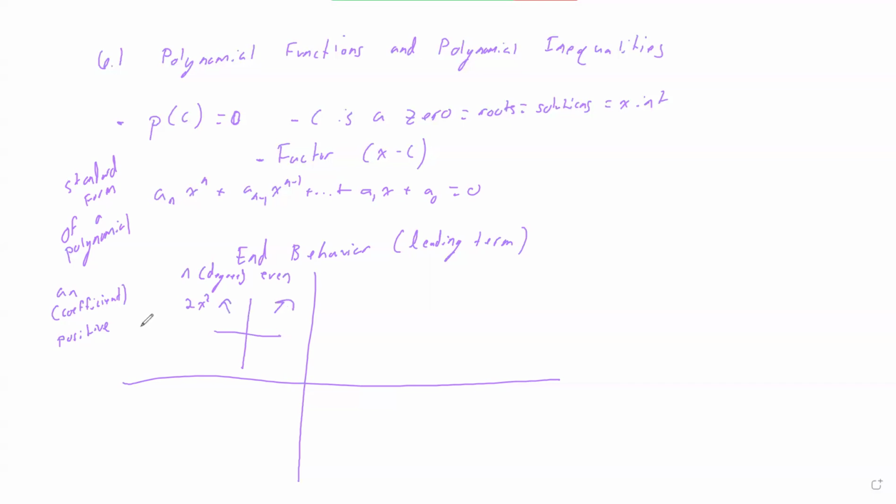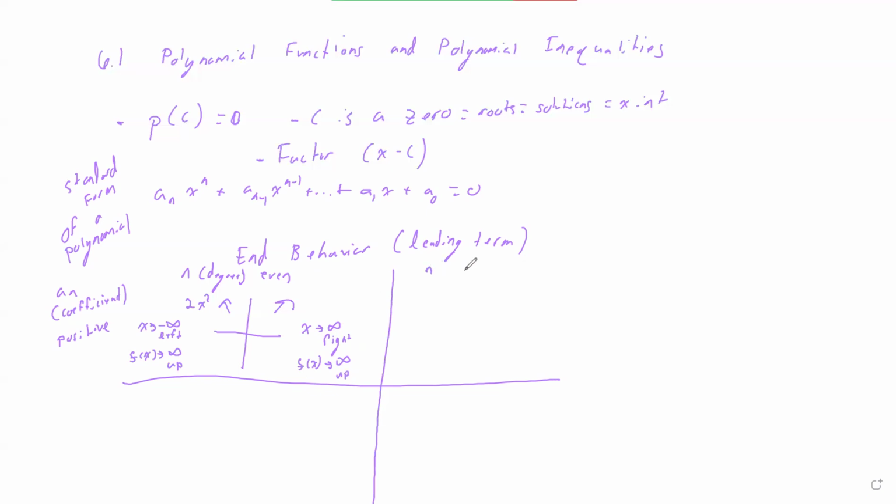The way we would write that is as x goes towards negative infinity, which is the left, f of x will go towards positive infinity, or what we call up. On the flip side, if x approaches positive infinity, meaning it goes to the right, f of x is still going towards positive infinity, which is up.